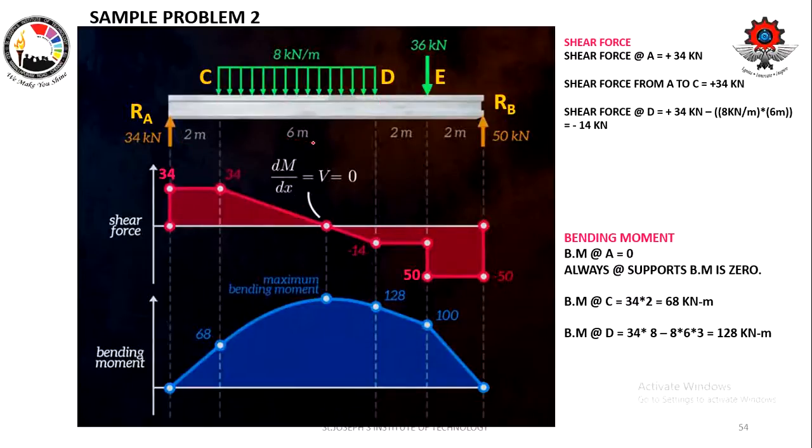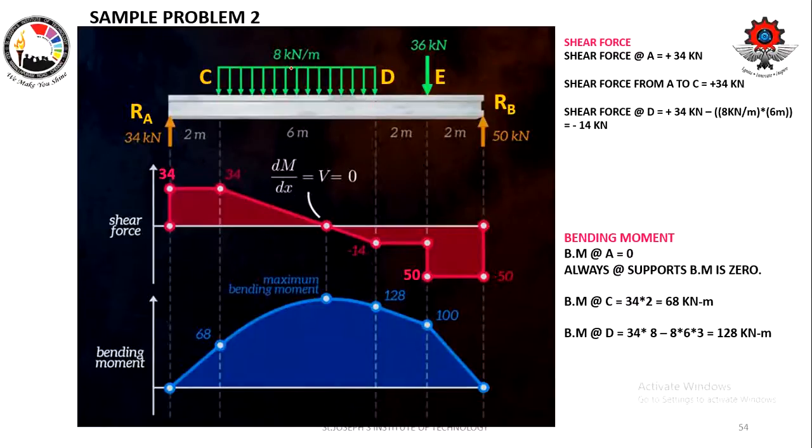So it is 8 meters. So 34 kilonewton into 2 plus 6, so it has to travel a distance of 8 meter. So 34 kilonewton into 8. That is what is given here. Since this is clockwise direction, it is positive. Next, this UDL has to travel a distance of D.